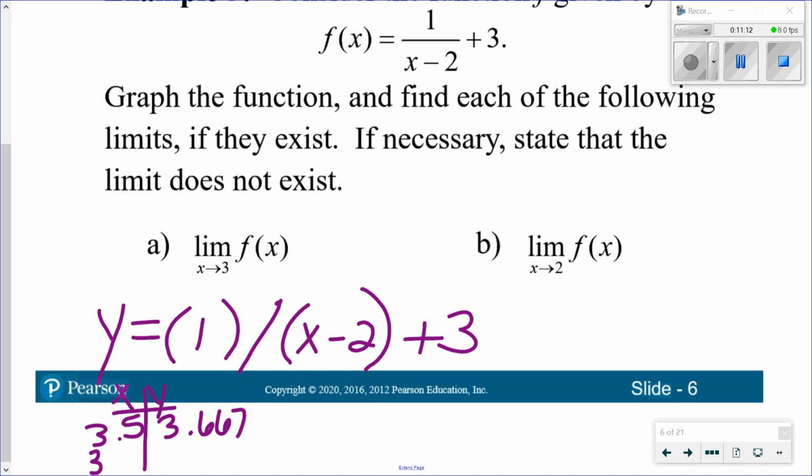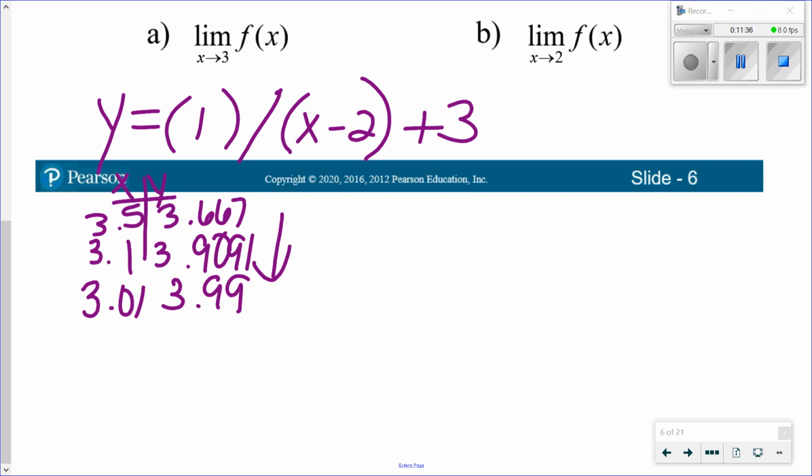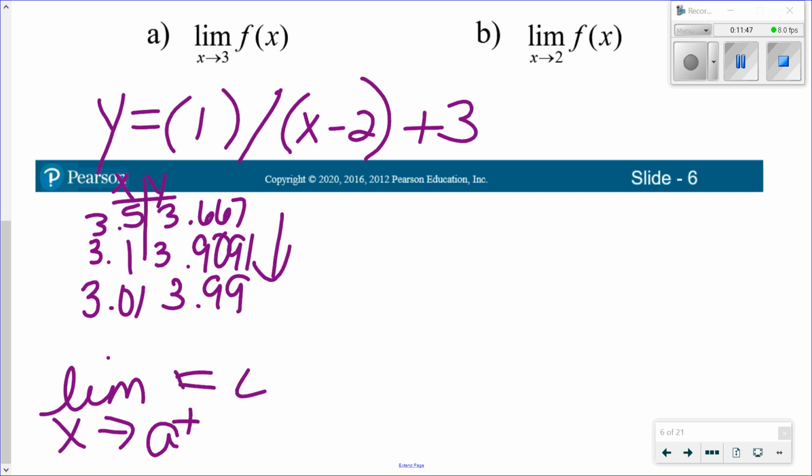When I have 3.1, I get 3.991. When I have 3.01, I get 3.99. So it appears that we are trending, the limit as x approaches 3, now this time we started bigger and went smaller, so we're coming at it from that side, is 4. Let's look at what happens on the other side.